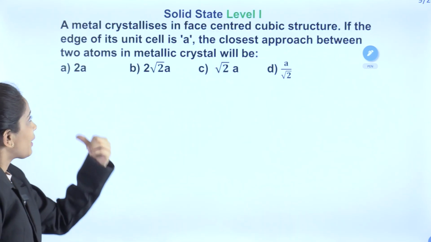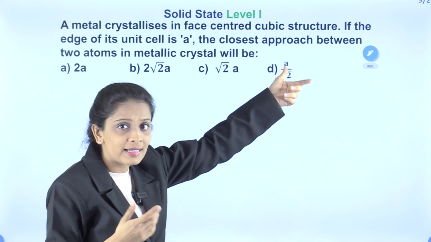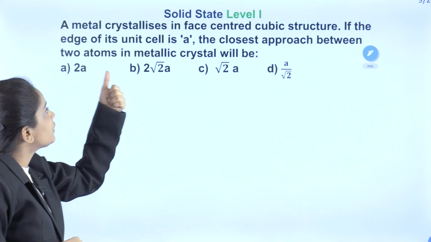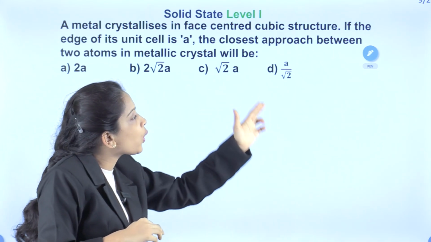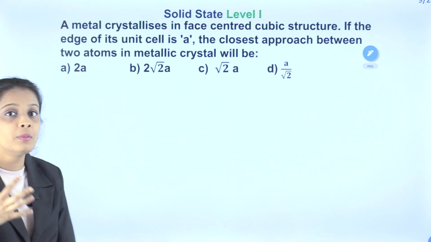Read it carefully. A metal crystallizes in face centered cubic structure, that is FCC structure, they have asked us, if the edge of its unit cell is A, the closest approach between two atoms in a metallic crystal will be.